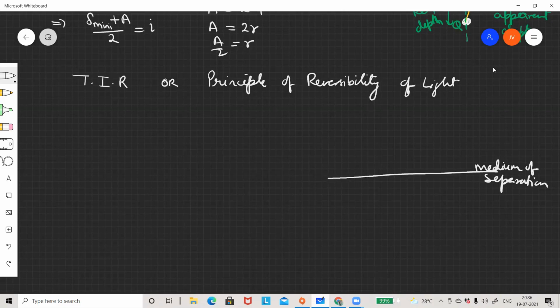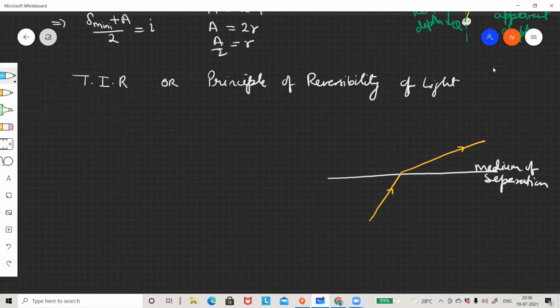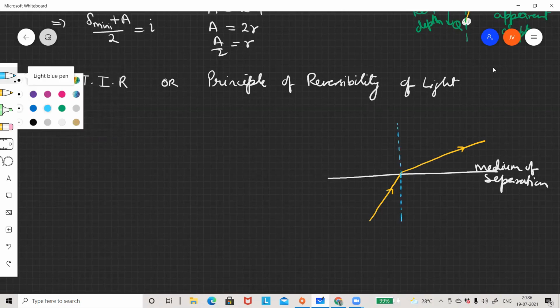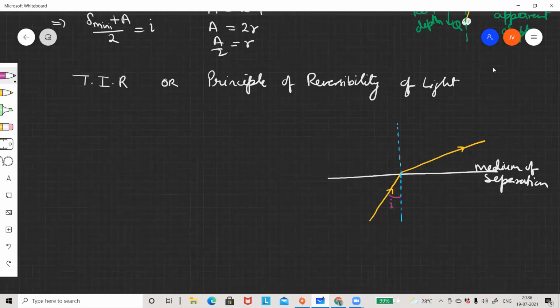Say for example we have a medium of separation, and when a ray of light travels from a denser medium to a rarer medium, it bends away from the normal. So we have a normal also. At the point of incidence, the arrow direction tells us which is the incident ray and which is the refracted ray. This is the angle of incidence and this is the angle of refraction.